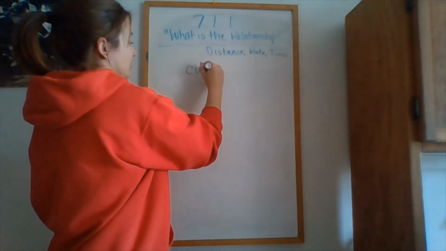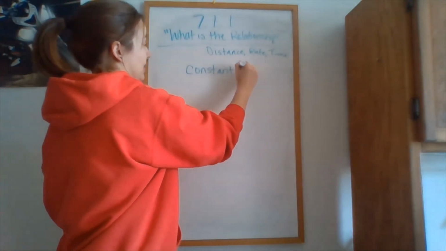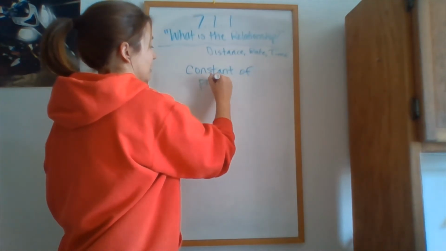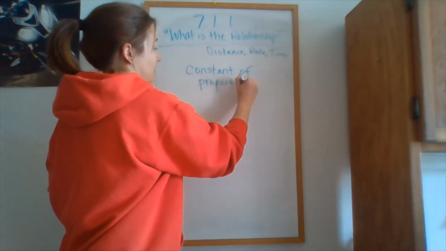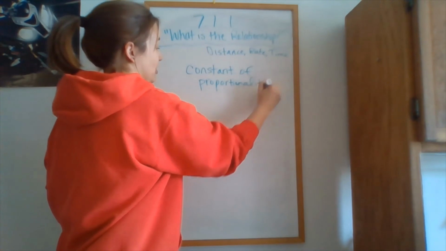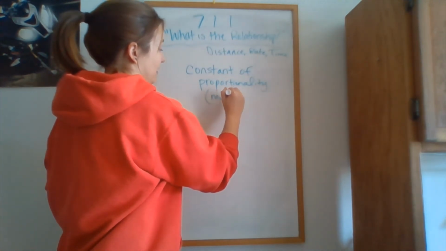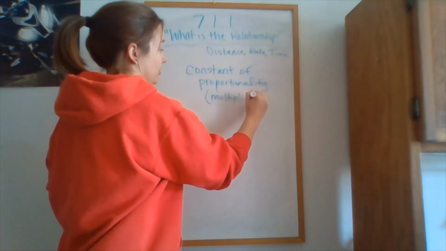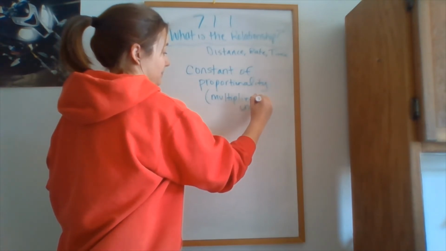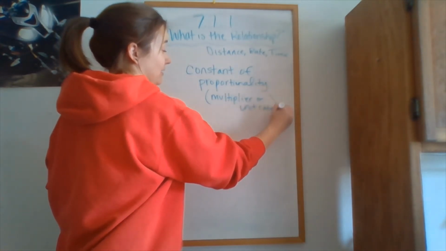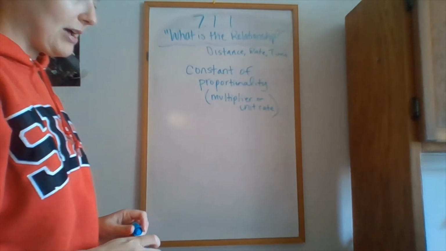We're going to write constant of proportionality because we did talk about that in a previous lesson during the year. And that was just the multiplier that we used, or the unit rate that you multiply each value by to get the y value.